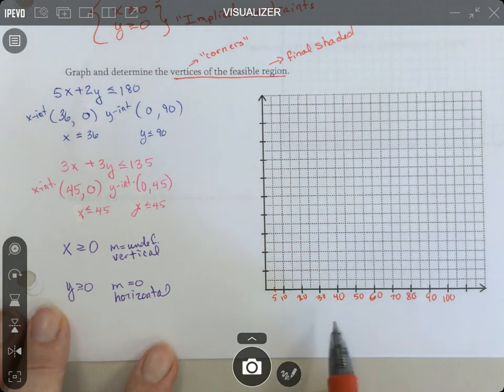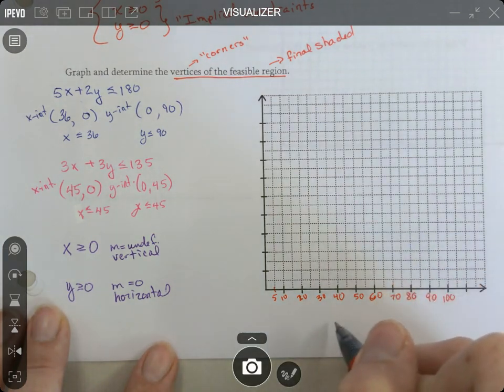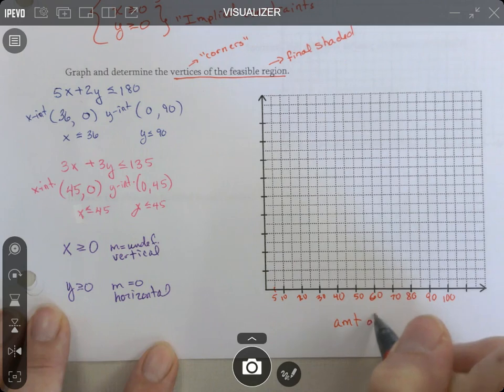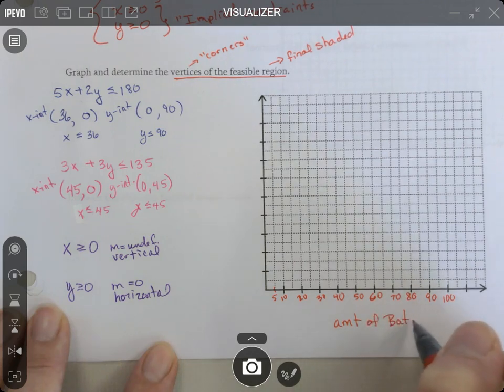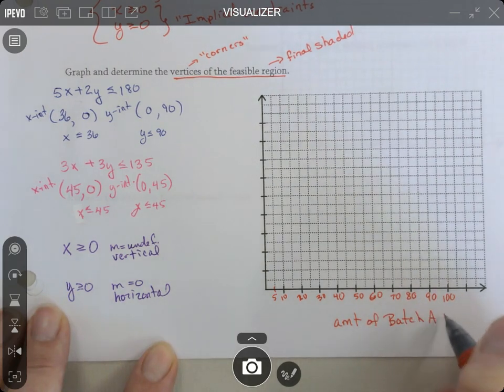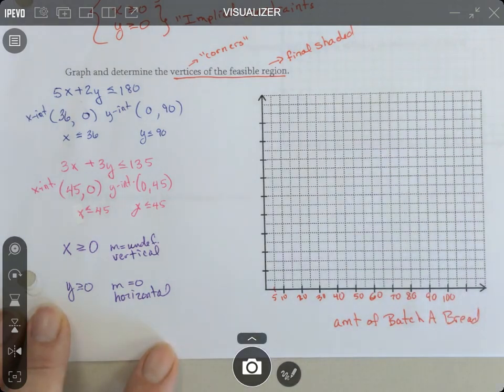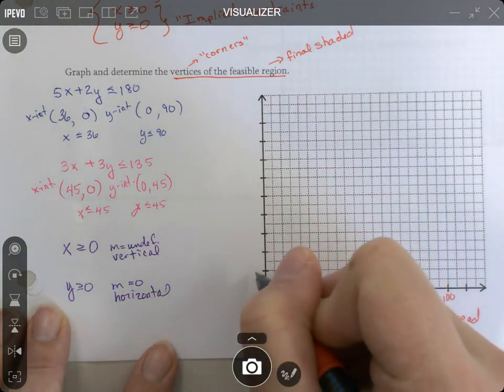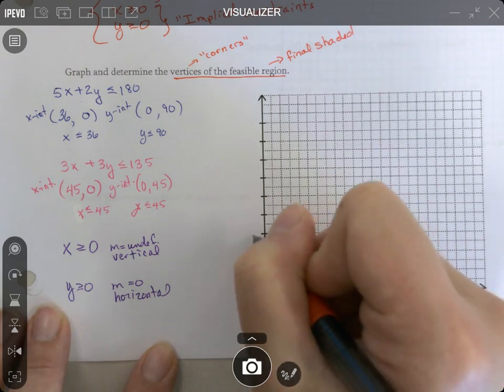Labels. I know what x is, number of batch A, right? So amount of batch A bread. I think it could just be bread A, but we'll say that. Okay. And we're going to do the same thing. So 5, and then each tick mark, I'm just counting by 20s.